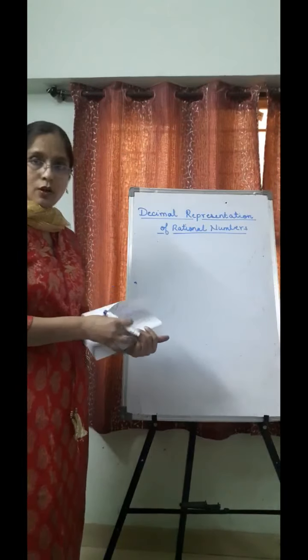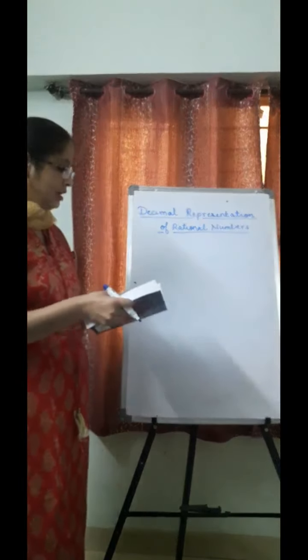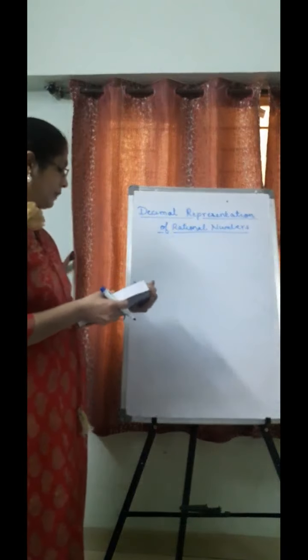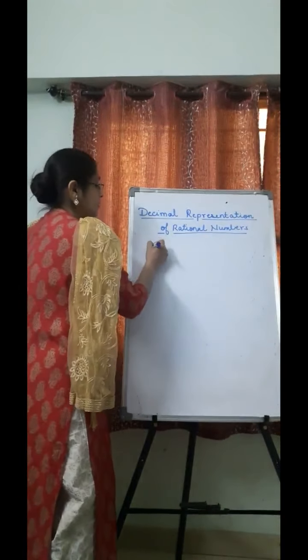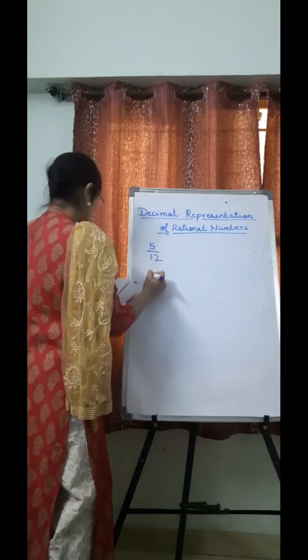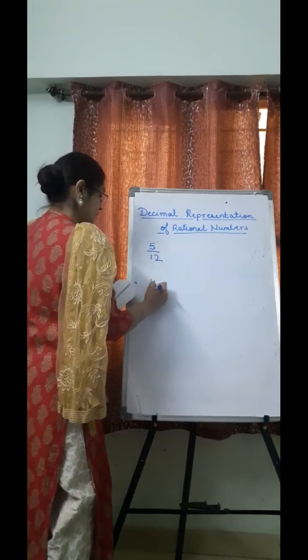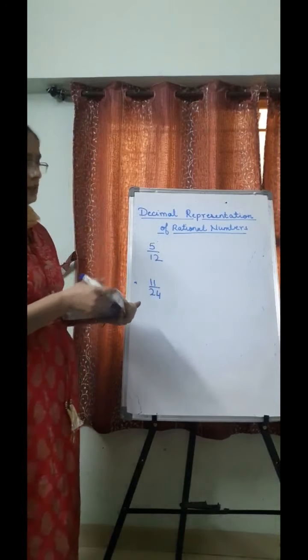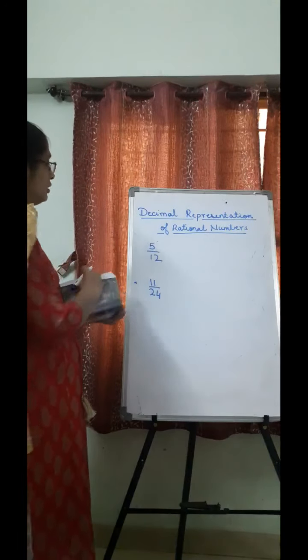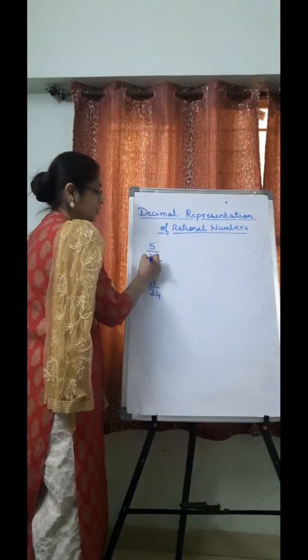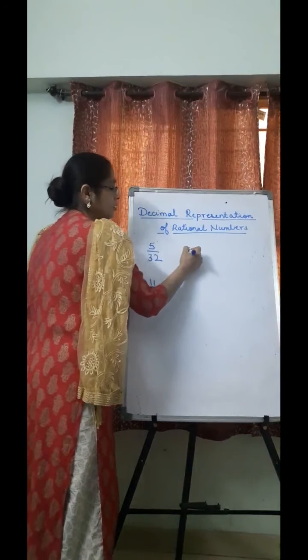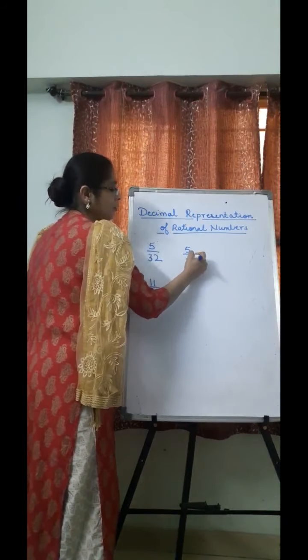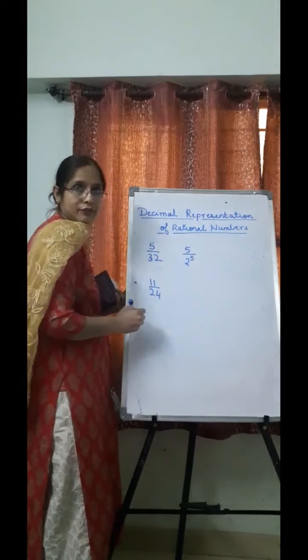Now let us solve a few questions related to this. Let us find whether these are terminating decimals or not: 5 upon 32, 11 upon 24. Now see, 5 upon 32 is 5 upon 2 raised to power 5.